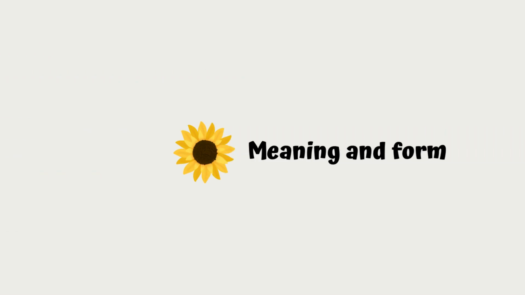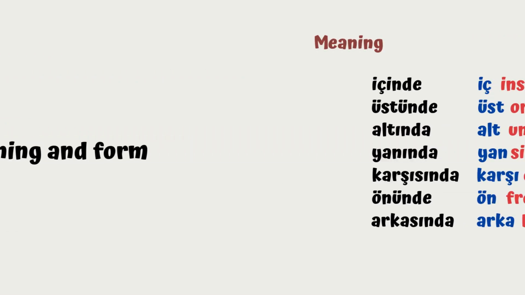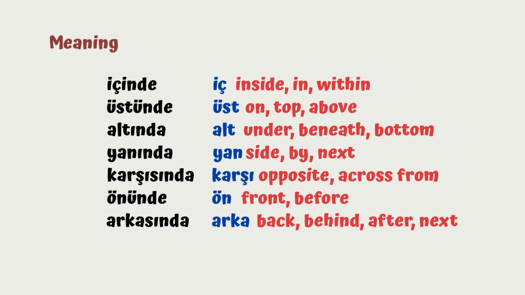Okay, let's take a look at the meaning. So, içinde comes from the base word iç, which means inside, in. Üstünde comes from üst, which means on, top. Altında, the base word for it is alt, which means under, beneath, bottom.